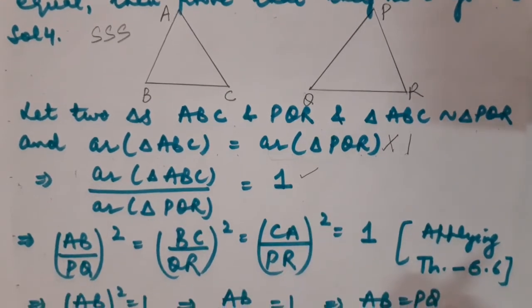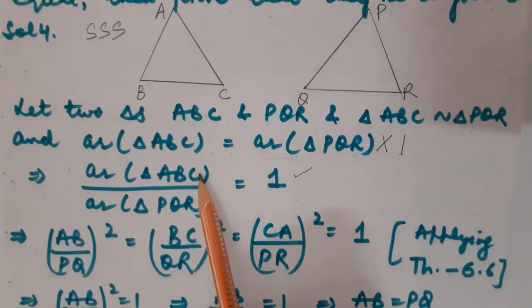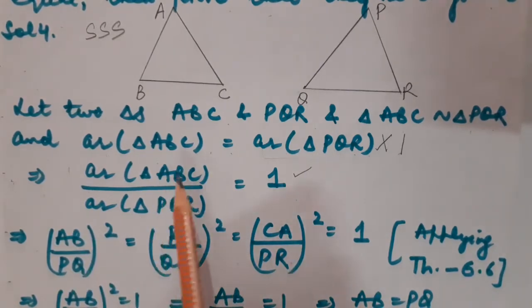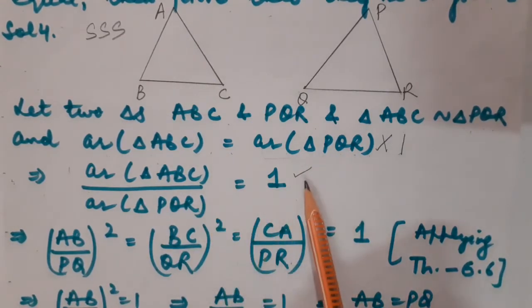Now as I know that both the triangles are similar to each other, we can easily apply theorem 6.6. According to theorem 6.6, the ratio of the area of two similar triangles is equal to the square of the ratio of their corresponding sides. So here the ratio of area of two similar triangles is equal to 1.